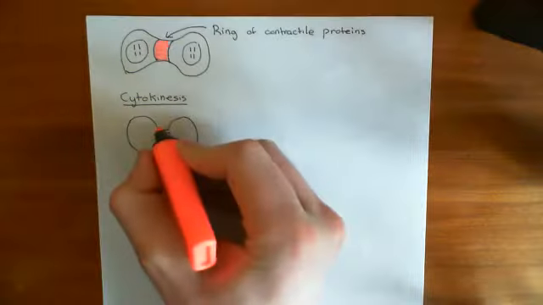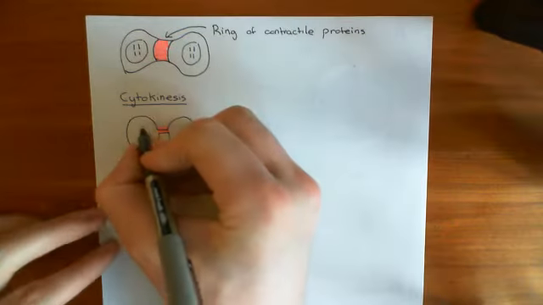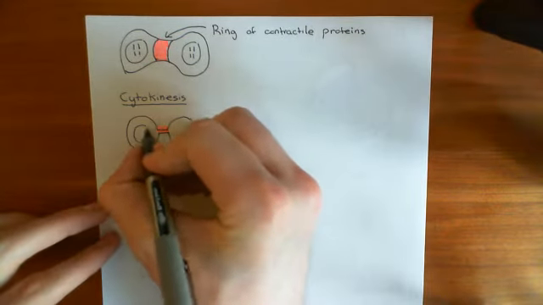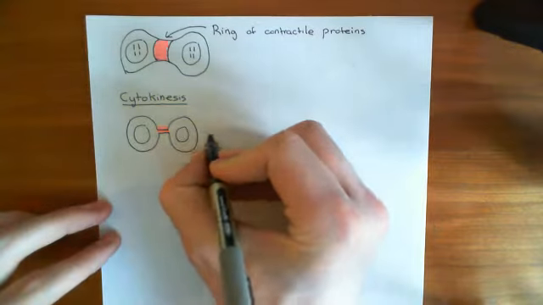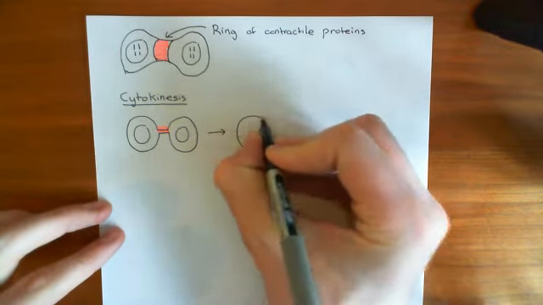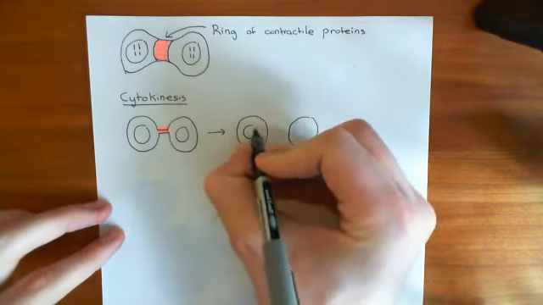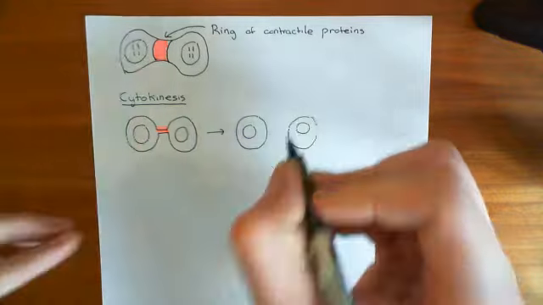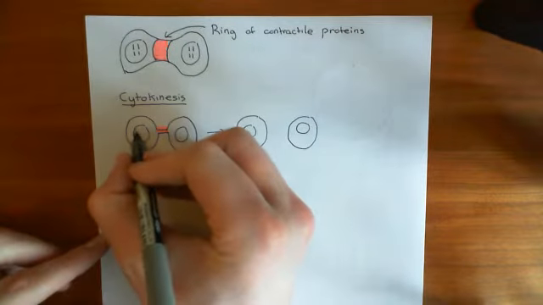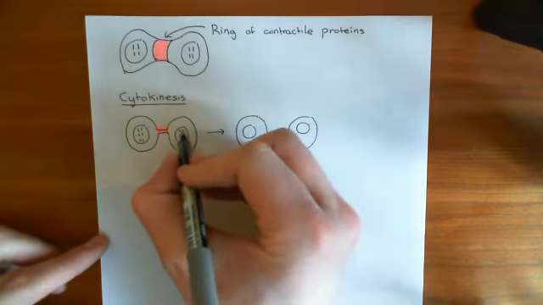So it contracts and constricts that connection between these two portions of the cell. Eventually, you're going to get the cell dividing into two daughter cells, like so, with nuclei which have the full genetic information in. So every single chromosome is in here, all 46 of them.